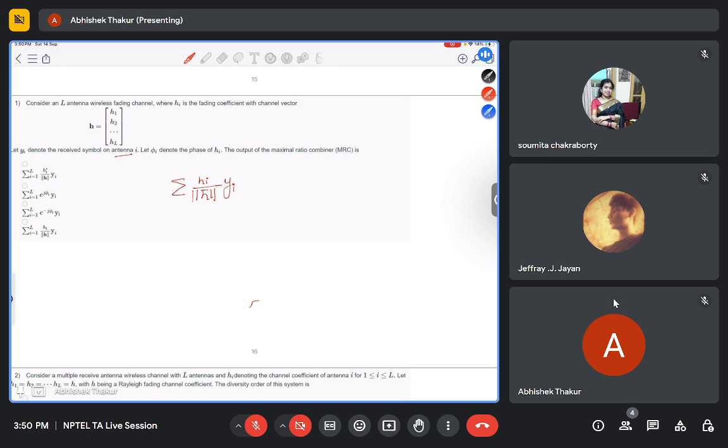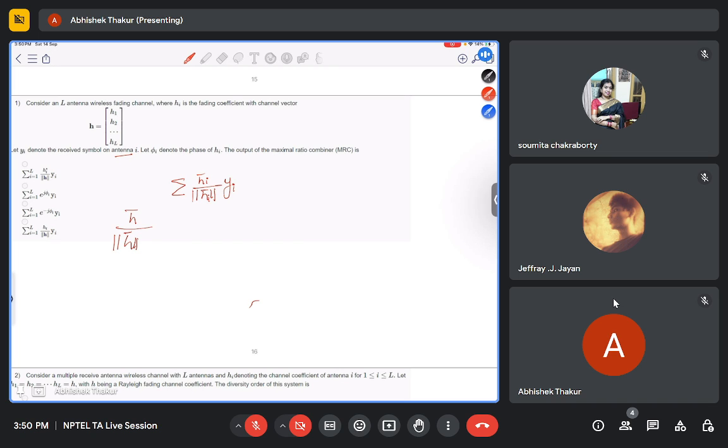Basically, the maximal ratio combiner is given as summation of, not summation, that is h bar divided by norm of h. But here we have ith components, so we will do it for all the ith components.